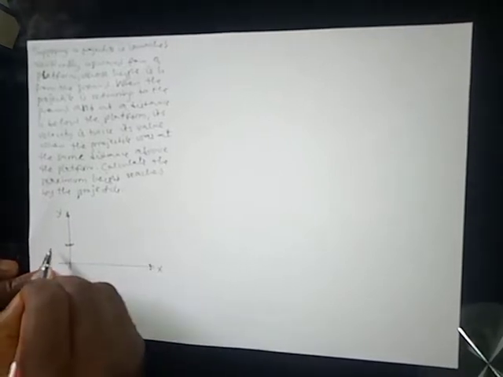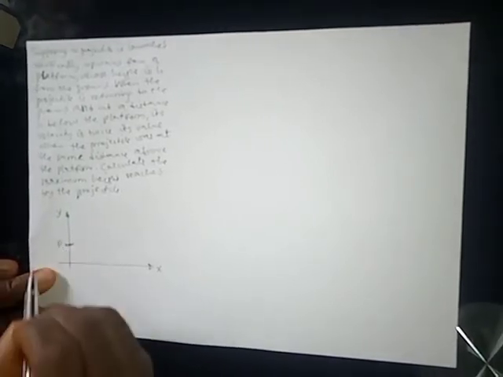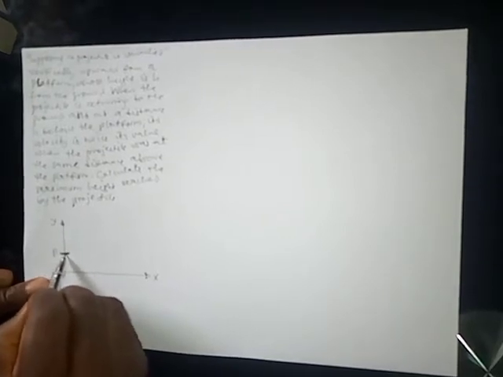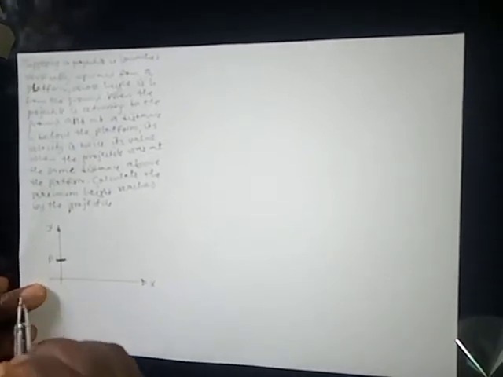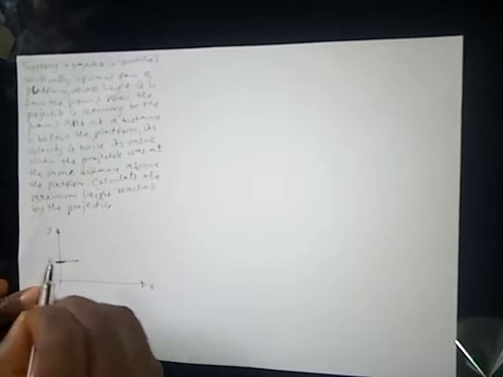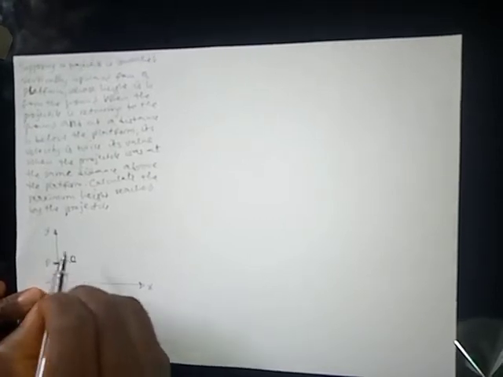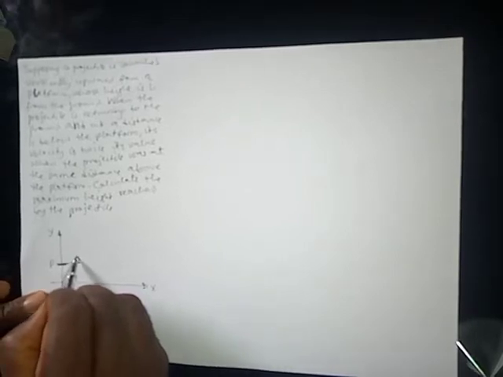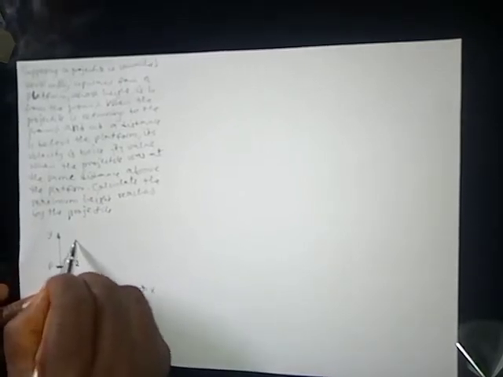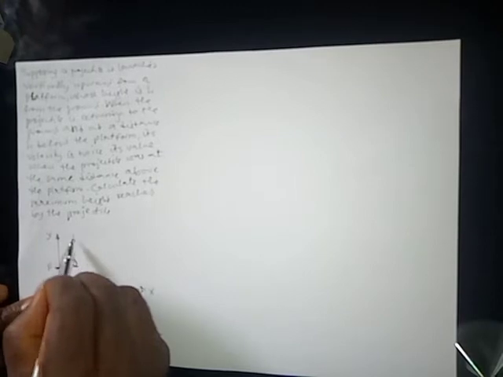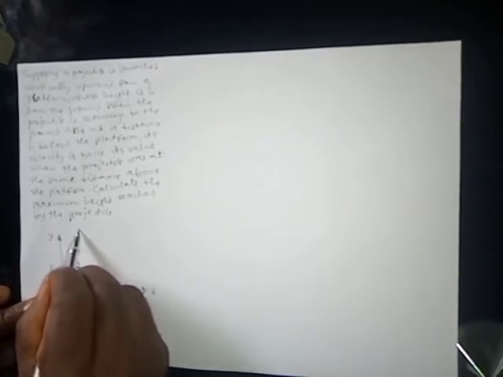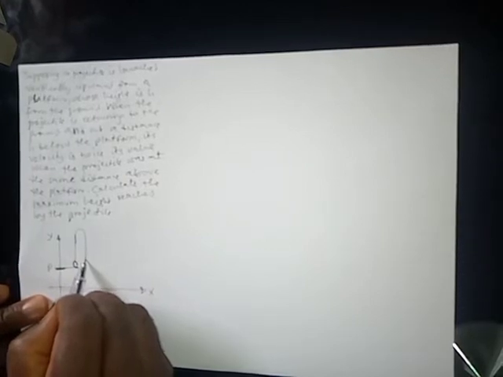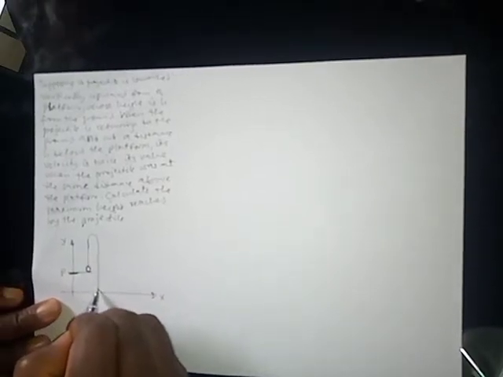We can use anything. Let's say it is P. So the projectile is launched from this point vertically upward. Let us represent the projectile by the object here, then it's launched upward, goes up, reaches a maximum height, and then returns in a motion back to the ground.